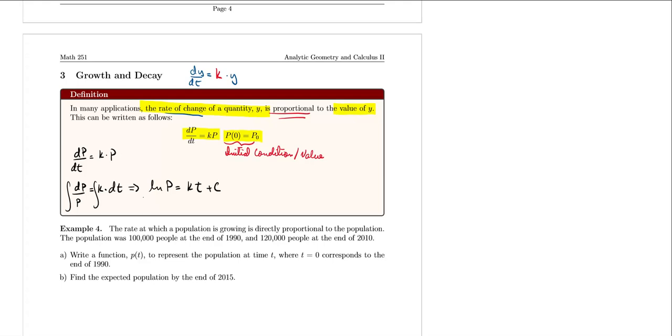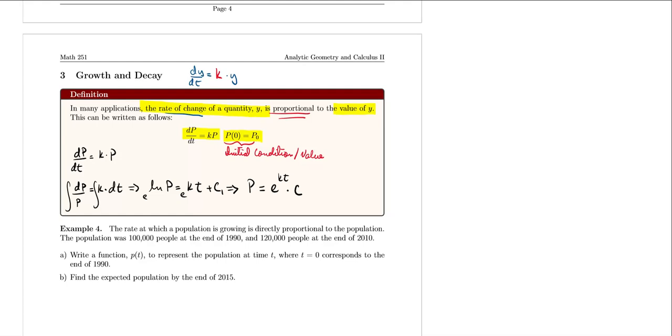Now, exponentiating both sides, we get p equals e to the kt times, I'll call this one c1, and using the trick that we did in the first couple of examples, just put this one here as c, and there we go. We come up with our equation for p.